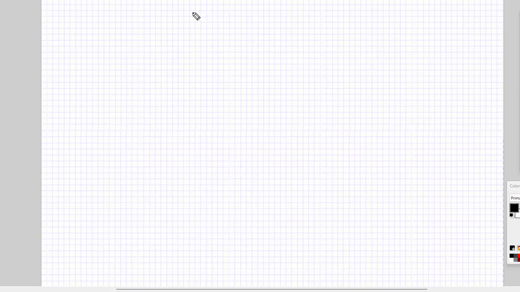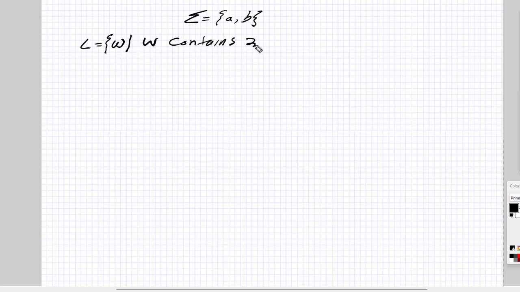Let's look at another example. In this example, we assume again the alphabet, and let's change it to A, B. The language is the set of words such that the word contains two B's, and they need not be next to each other.